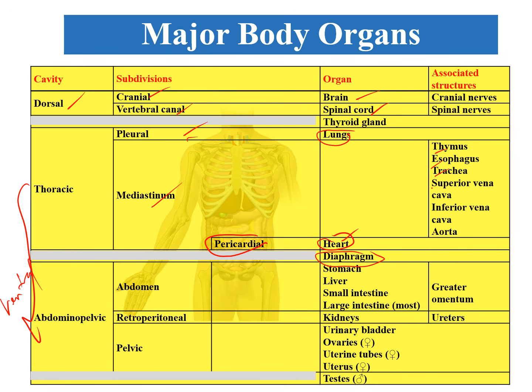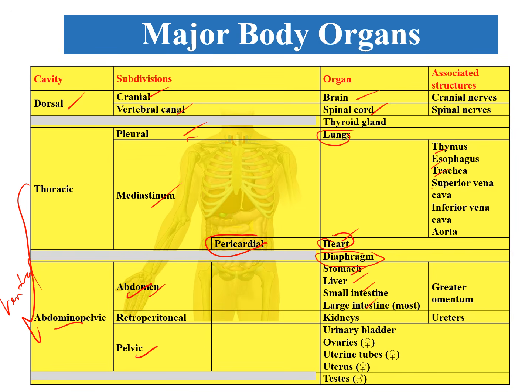Then the other cavity is the abdominopelvic cavity, which has the abdomen and the pelvic cavity. In the abdomen, we have major organs such as the stomach, the liver, the small intestine, and the large intestine. And then in the pelvic cavity, we have the organs of reproduction together with the urinary bladder.